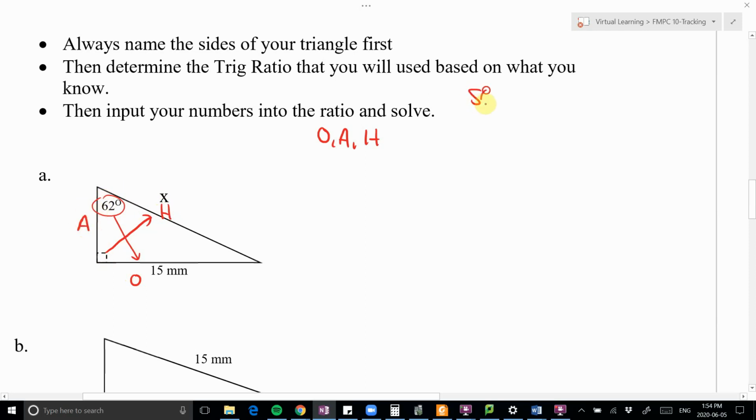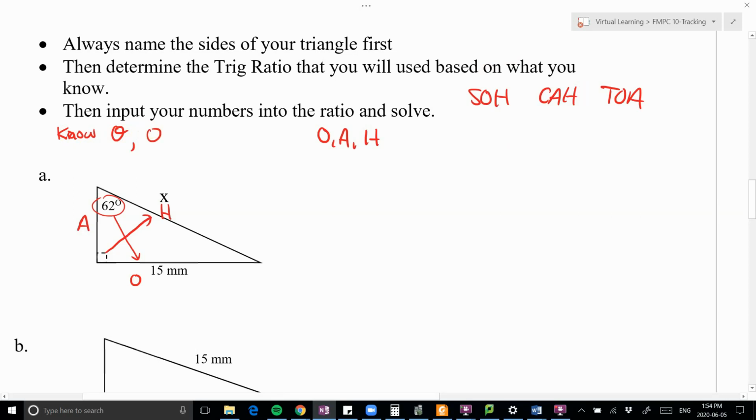So now I got to figure out whether I'm going to use sine, cosine, or tangent. So I always look at, well, what do I know and what do I not know, right? Because we want to pick the ratio that has the information that I'm looking at in my question. So from my question, I know theta, and I know, where is it?